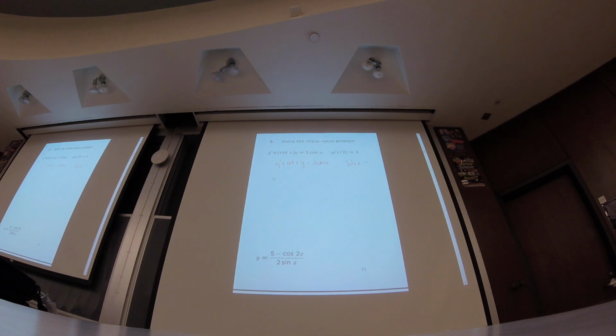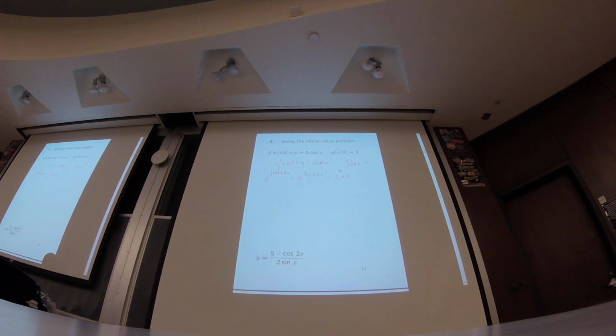So we multiply by, this is already in standard form, e to the integral cotangent x dx, which is e to the ln sine x. The integral of the cotangent is log sine, which is e to the log sine x, which is sine x.